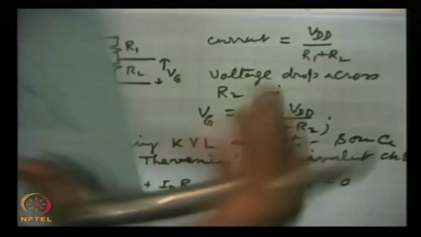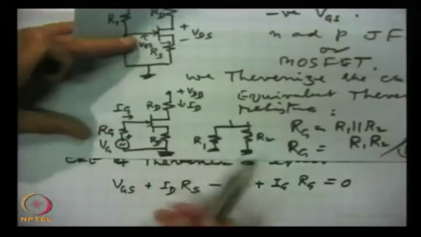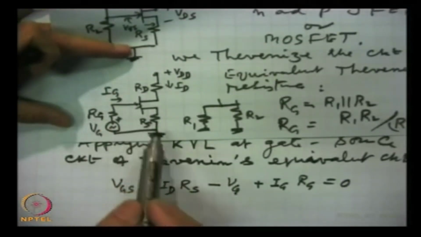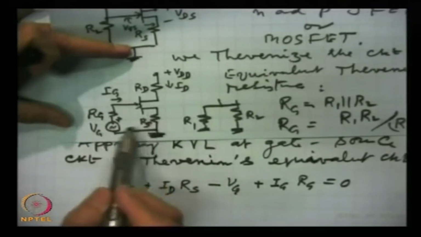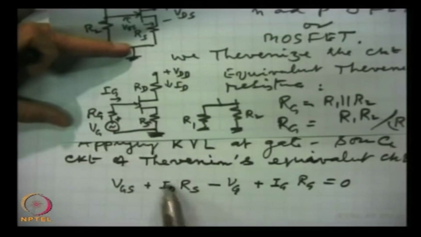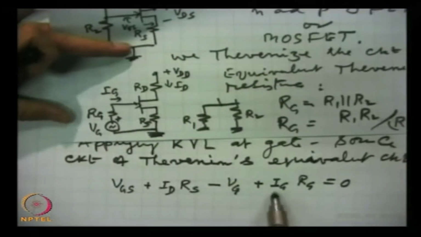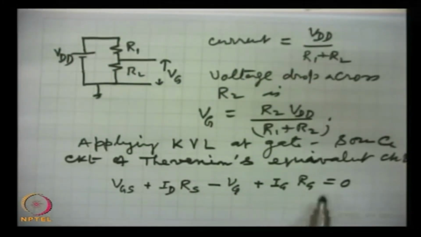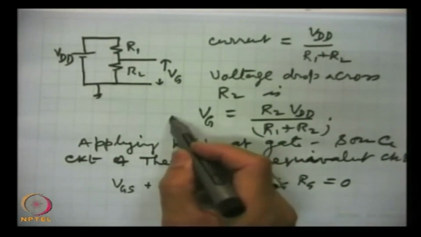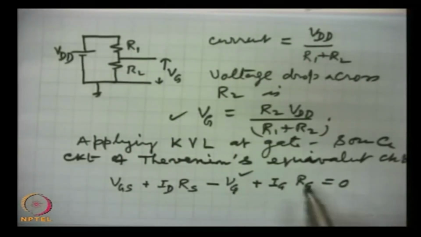Here this is VGS. So, we are finding the summation of voltages, we are writing the equation for summation of voltages in this circuit. So, VGS, then ID into RS, then minus Vg plus Ig Rg equal to 0, where this Vg is given by this expression and Ig here is 0.